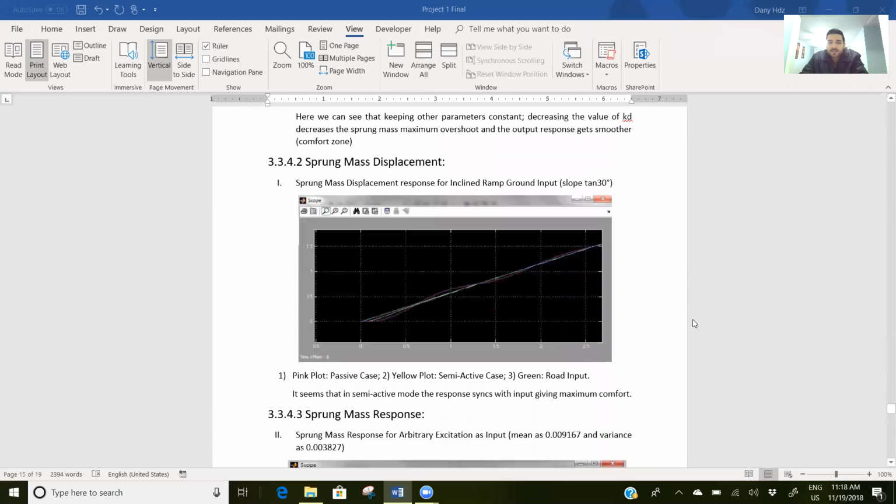We have the sprung mass displacement for an inclined ramp with a slope of 30 degrees. In pink we have the passive case, in yellow the semi-active case, and the green is the raw input. It seems that in semi-active mode, the response syncs with the input, giving maximum comfort.